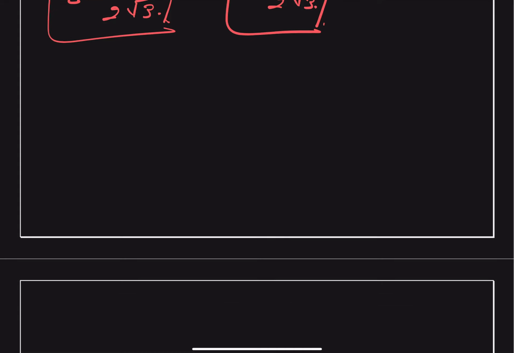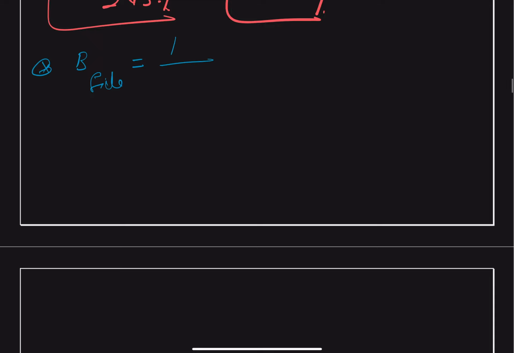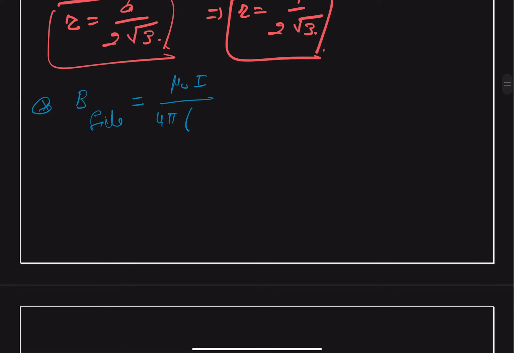Therefore, magnetic field due to the side will be equal to, we have mu naught I upon 4 pi, R is our 1 upon 2 root 3, and here come as sine of 60 plus sine of 60.